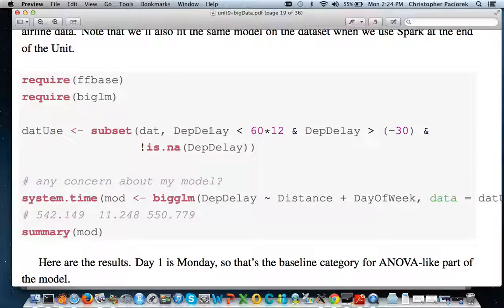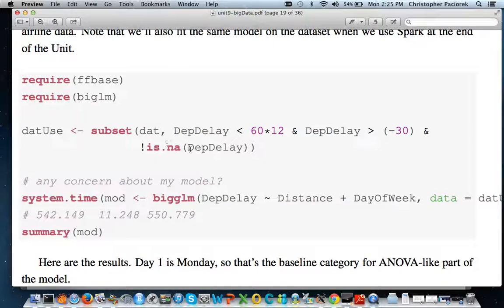Under the supposition that if the delay is less than minus 30 minutes, something weird is going on in the data set, a flight leaving more than 30 minutes early, there might be some issues with outliers. So just for simplicity here, which is not what we would usually do in a regression context, I'm going to exclude any of the very large values in the right tail of this empirical distribution of the delays.